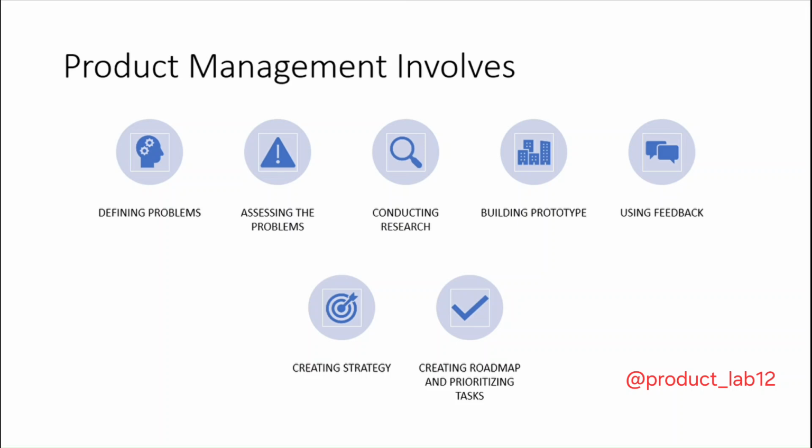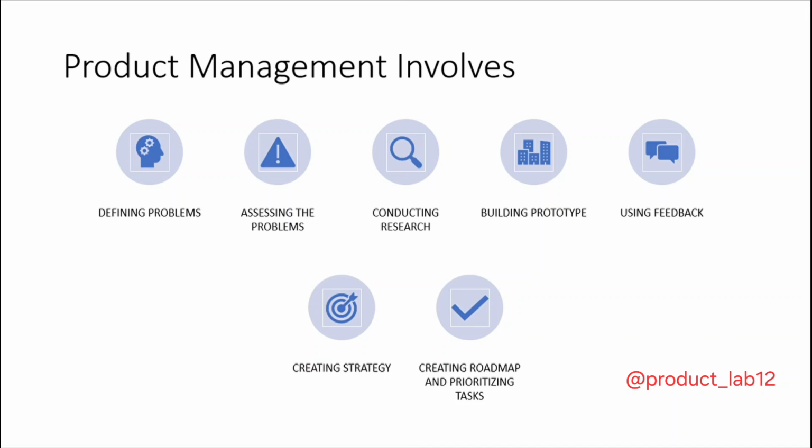So for that, you need to assess those problems and create an opportunity out of it. Then conduct research on how the potential gap can be closed. As I told you in the second step, you need to find that gap and understand what potential it holds, so you need to conduct research for that.